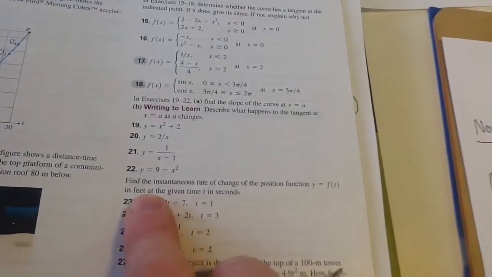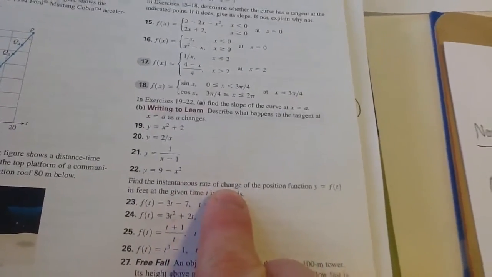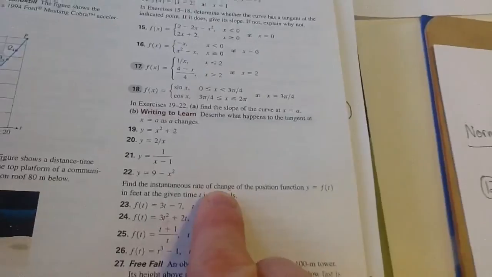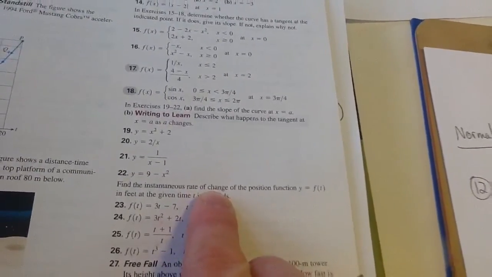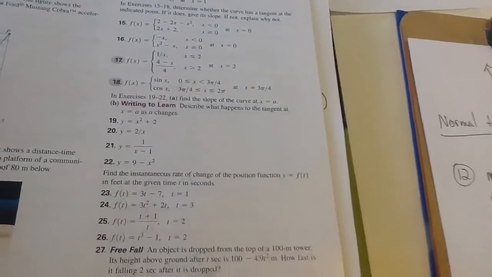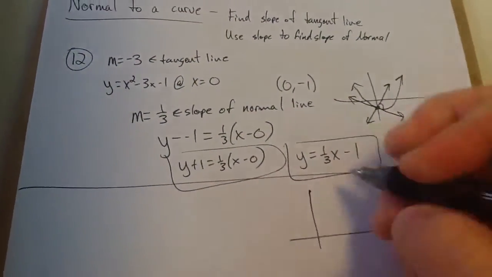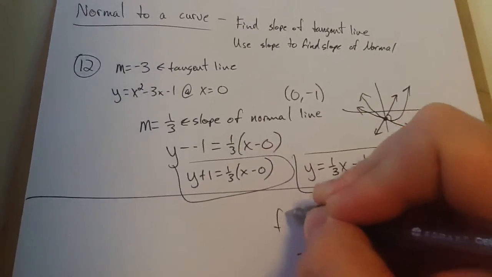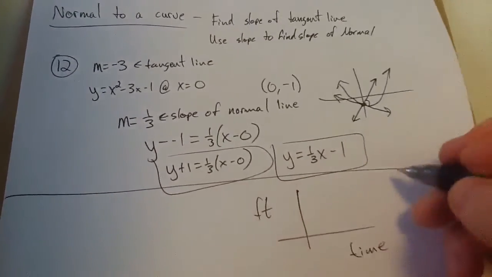So if it's saying find the instantaneous rate of change, all that's saying is find the speed, or find the slope at that point, right? Rate of change means slope, which if you're talking feet versus time, the slope... maybe I'm going too fast here, but if something moves this many feet, and this is time, doesn't matter what it looks like.